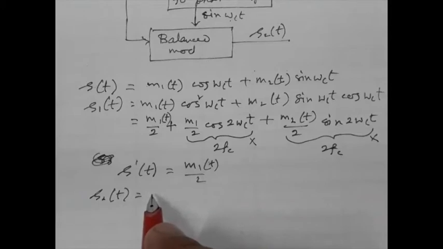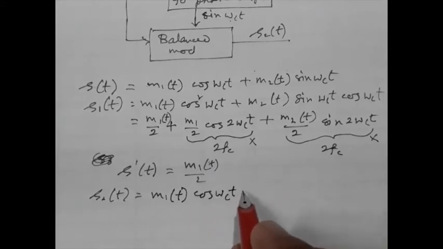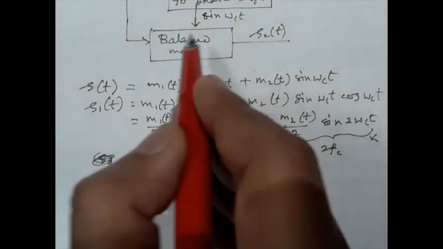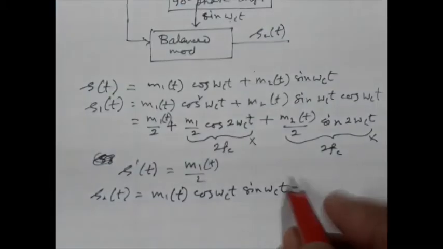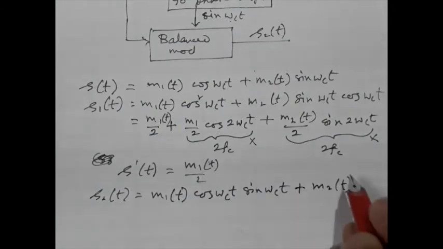So we have m1(t) cos omega ct. This one is multiplied by sin omega ct. So plus m2(t) sin square omega ct.